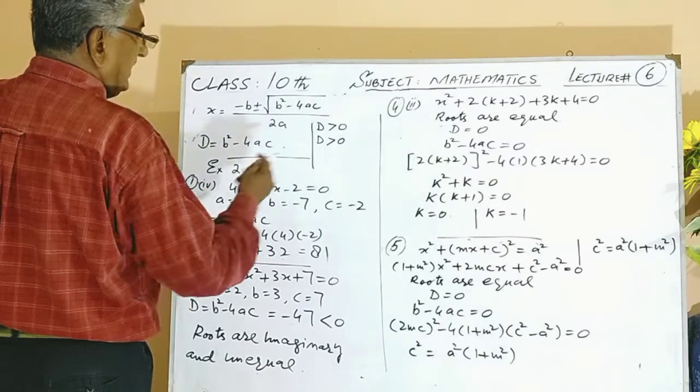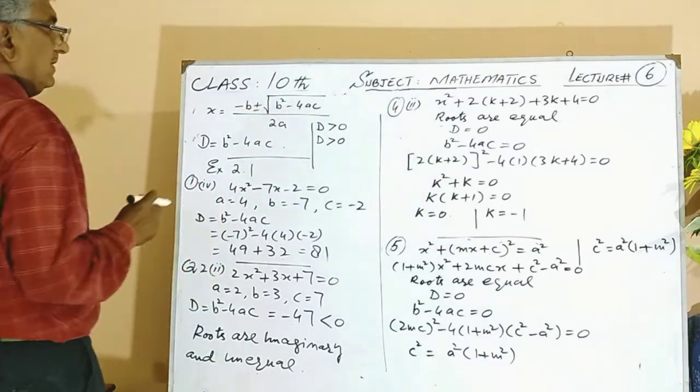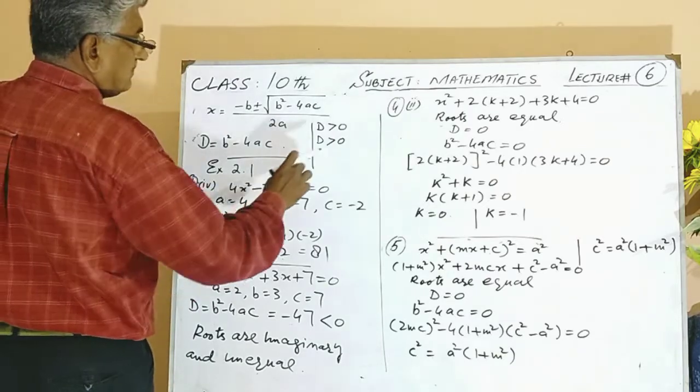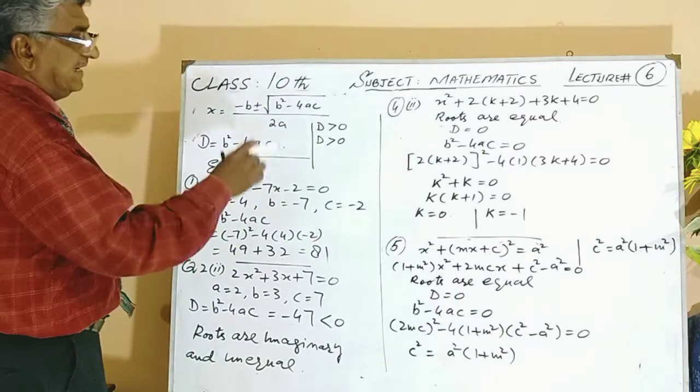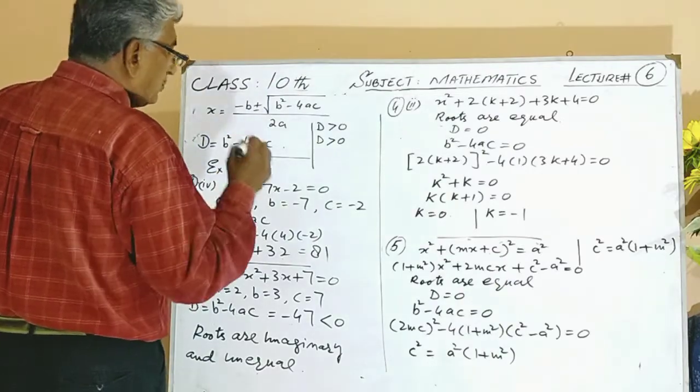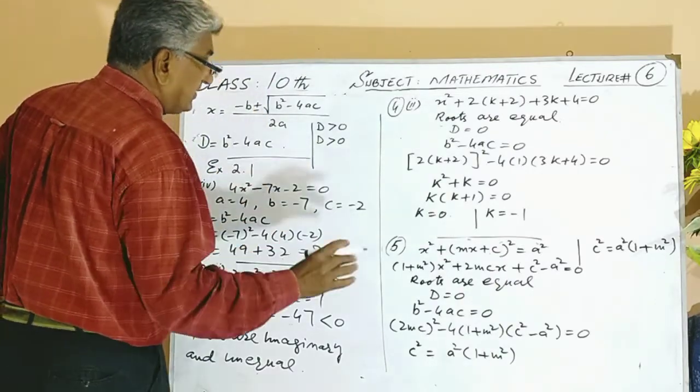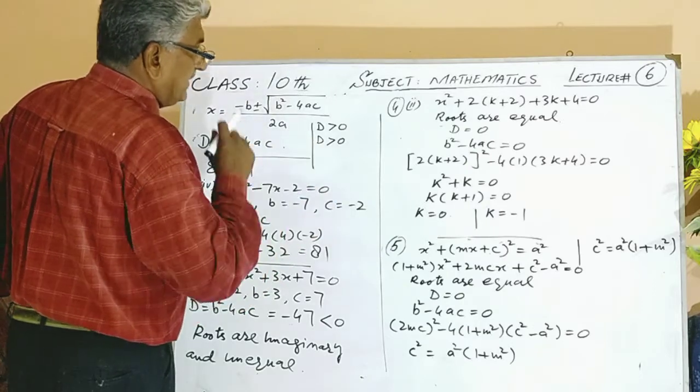And if the value of d is positive but the value is not a perfect square, in that case you will say that roots are irrational and unequal.